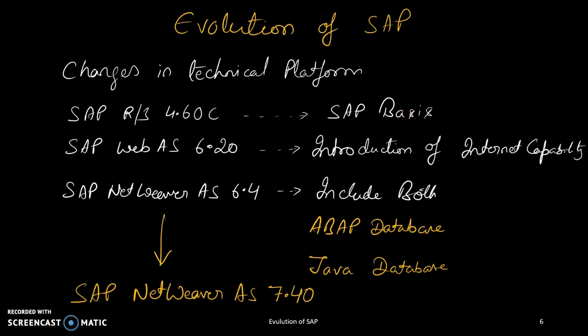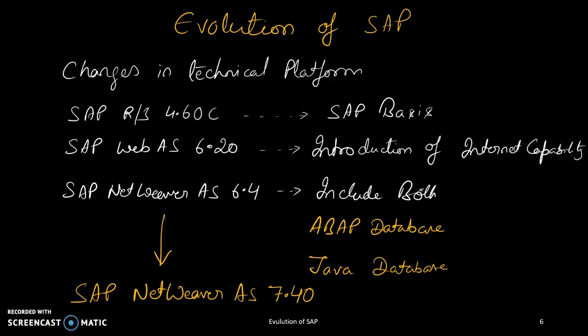The technical platform during the same time frame also went through several name changes as the platform evolved. Up to and through release 4.6, the technical platform was referred to as SAP Basis. With the introduction of new capabilities in release 6.20, it was referred to as SAP Web Application Server.